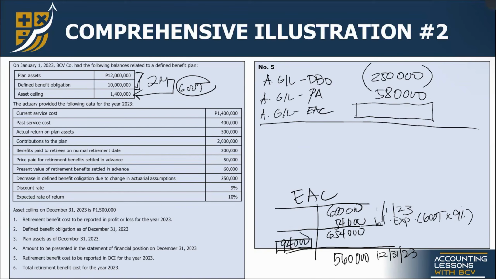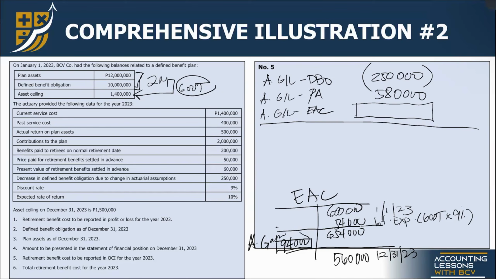What is this? Actuarial gain or loss? Actuarial gain. Di ba? Basta pag pinababa niya si effect of asset ceiling, meron kang gain. Pero pag pinataas niya yung effect of asset ceiling, meron siyang loss. Kasi imagine niyo, ano ba tong effect of asset ceiling? Imagine niyo, meron kayong baso. Okay? May baso kayo. So maglalagay kayo ng tubig.